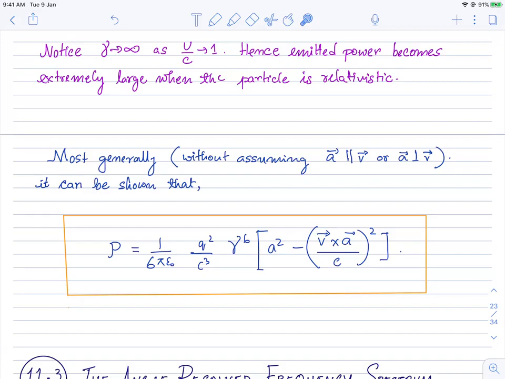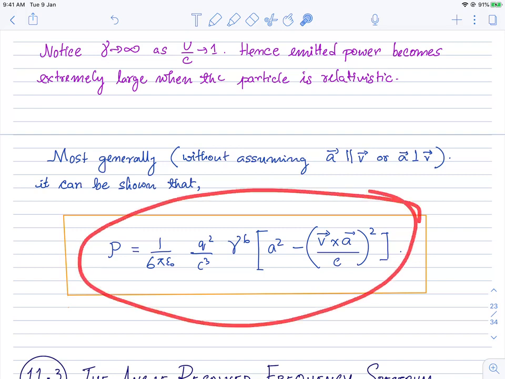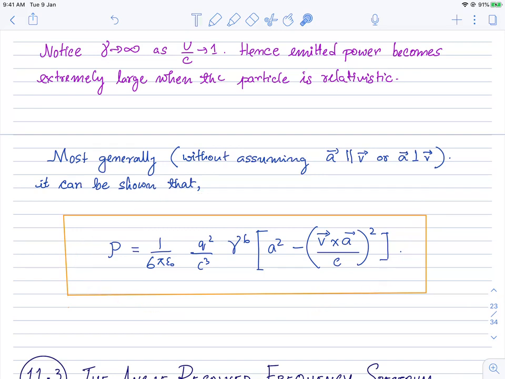Most of the books that I've seen discourage doing that because apparently it's a complicated integral to do most generally. But all of the books quote the results. You can find this result in books like Zangwill or Griffiths. It is always said that the algebra is very complicated. I have never tried to do it myself. So if you are interested, you can give it a hand.